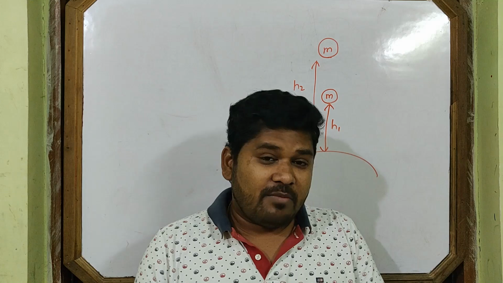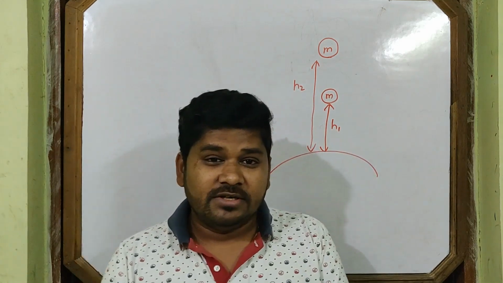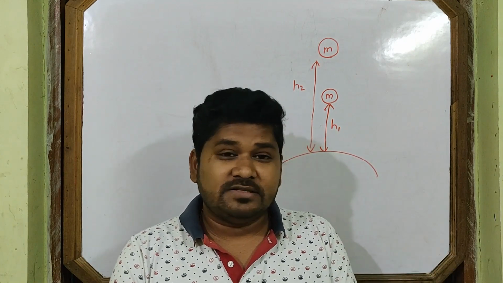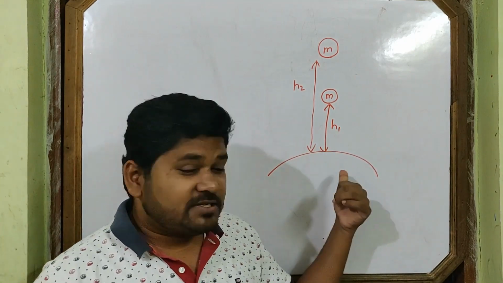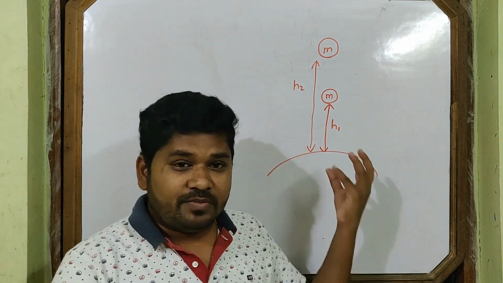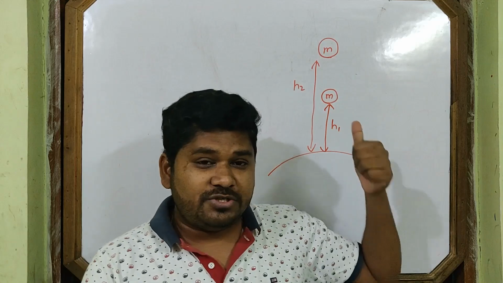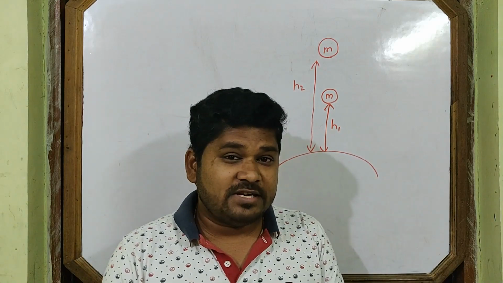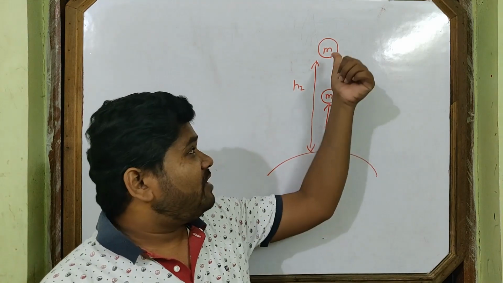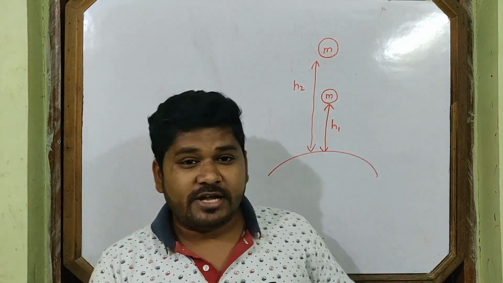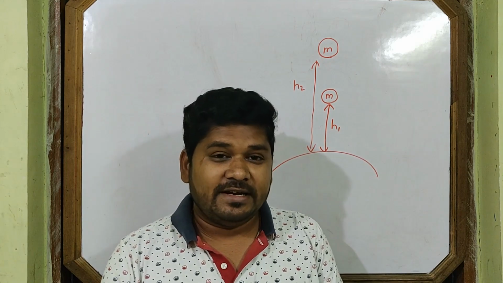Why is the work done stored in the form of potential energy, or why does the potential energy of the body increase? Because work is done against the force. Gravitational force acts in the downward direction, but you are taking the body opposite to the force, hence its potential energy increases. But when the body falls from height h2 to height h1, what about its potential energy?